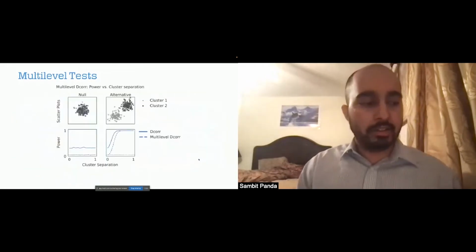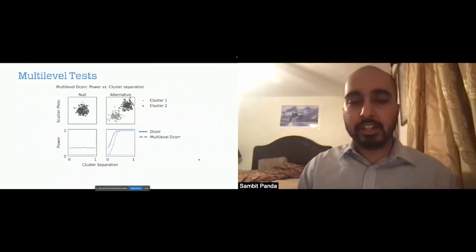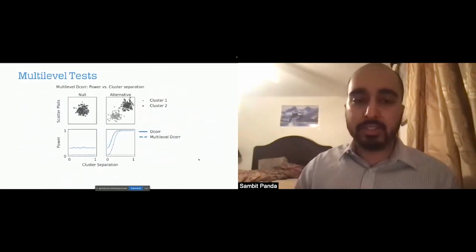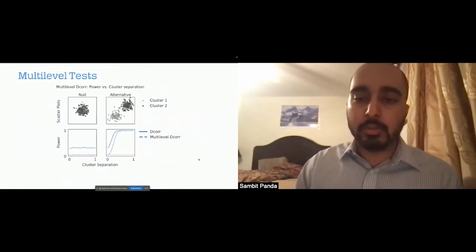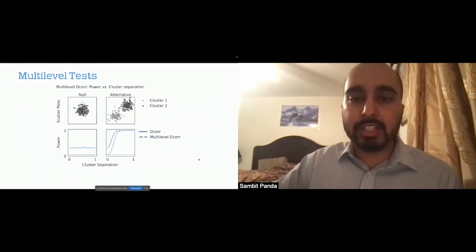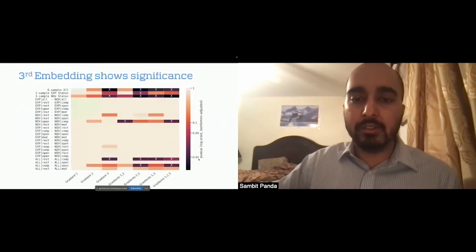The null is that we're looking at 100 points sampled from a Gaussian, and then we sampled 2 points from each of those Gaussians. And as you can see here, just normal Dcorr is invalid in this case, while our multi-level Dcorr is not. And then lastly, we show a real data example of using our test in practice.